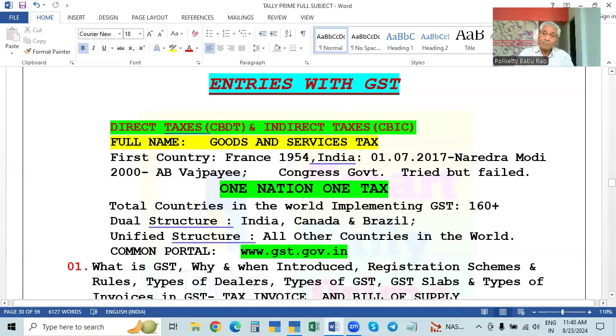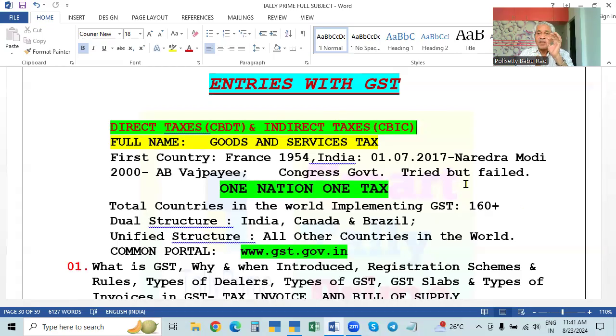So their sales tax, and the central government also will collect some sales tax. It is called CST, entry tax, purchase tax. Like that, there were many taxes. They will be paid by the people to other persons, and they will pay to the government. They are called indirect taxes and sales tax. And after that, instead of sales tax, another tax was introduced in all the states, called VAT, value added tax.